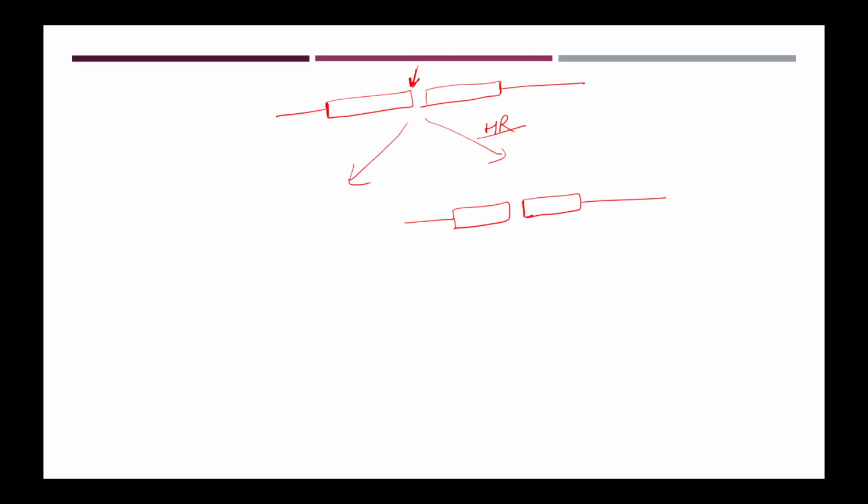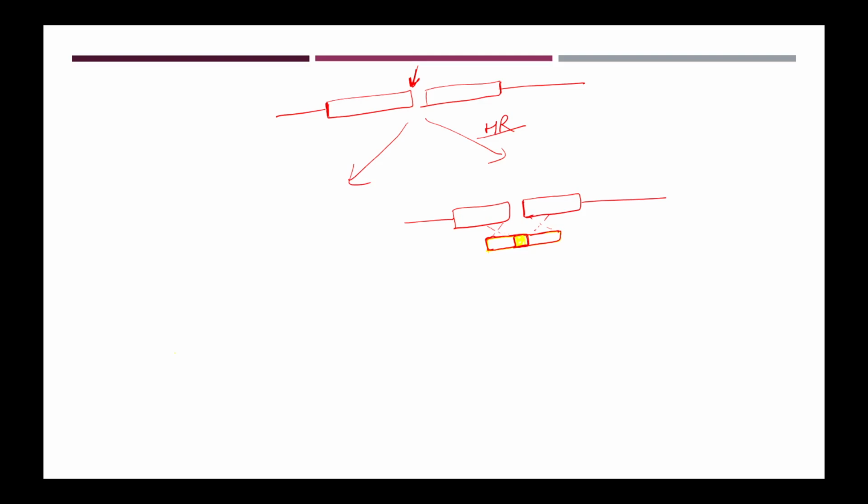What you can do is make a break in the functional domain and provide a homologous template copy. Homologous means the sequence similar to this, similar to here, and in between that you introduce the desired modification or the mutation that you desire to make in this particular gene.